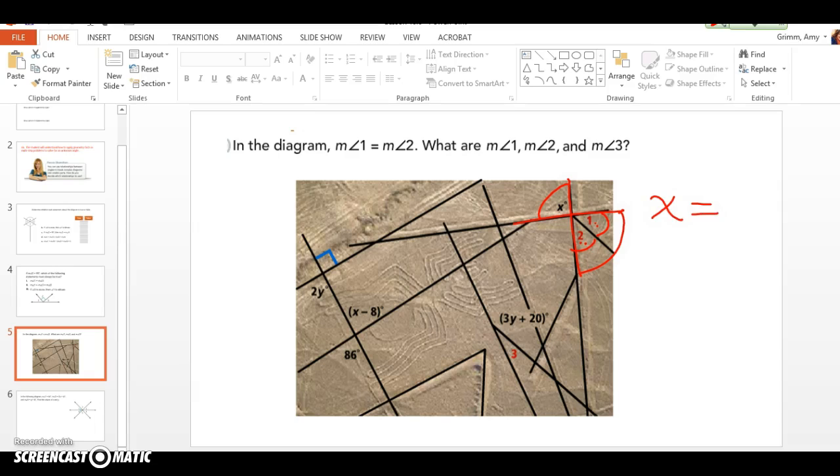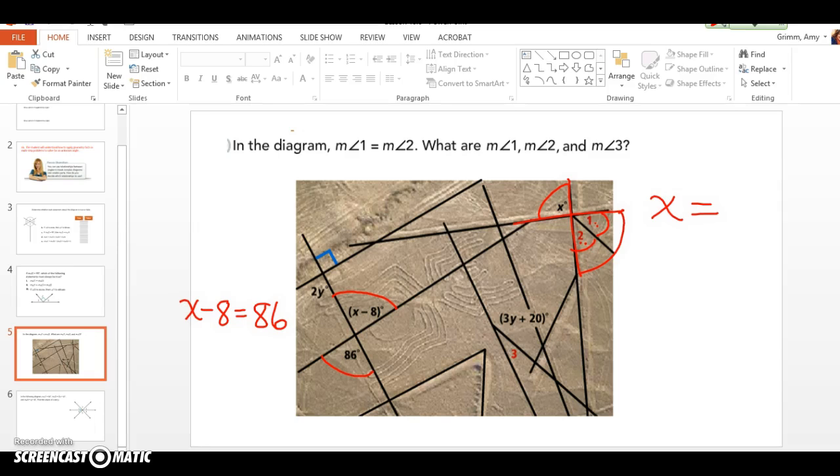So let's start there. Let's look through my picture. Do we see any other x's? You see this one right here? Okay, and you see this. How can I figure out what x is? Equals 86, right? Because it's a vertical angle. So x minus 8 equals 86.